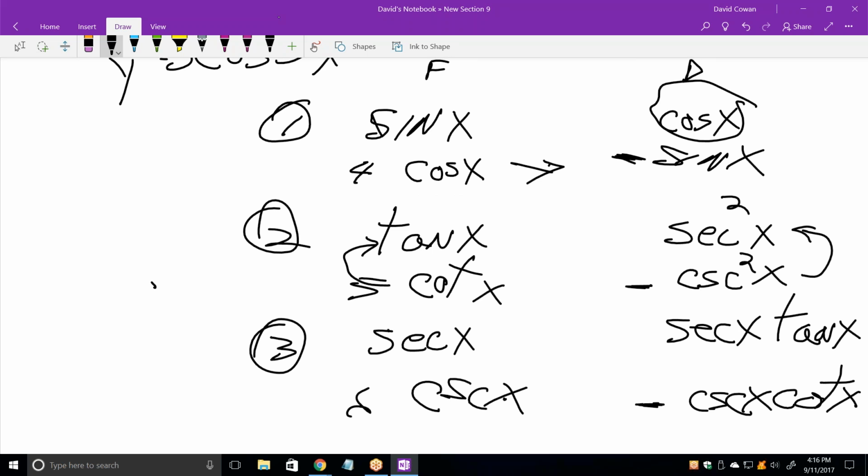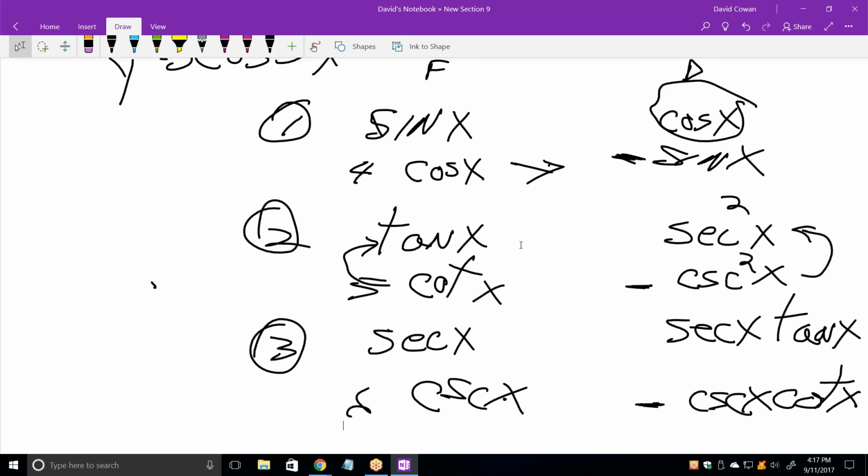So I'm going to go test you here. First of all, do you have one memorized? Yeah. You have two memorized. Maybe. Tangent is secant squared. It's a little unusual, but that's the derivative of tangent, secant squared.